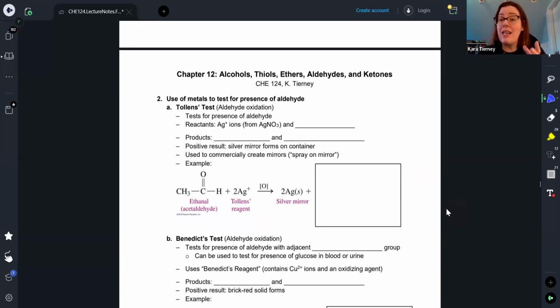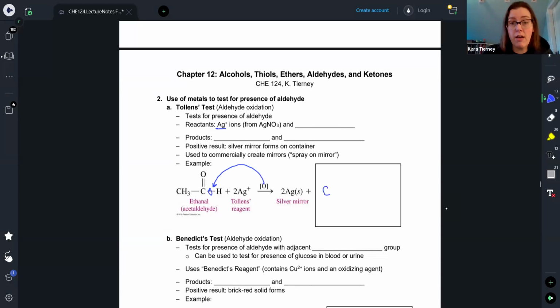So when you put an aldehyde in the presence of an oxidizing agent and you add silver nitrate, the silver nitrate contributes silver ions that have a +1 charge. The oxidizing agent will oxidize the aldehyde, just like we learned before, by inserting an O right in there.